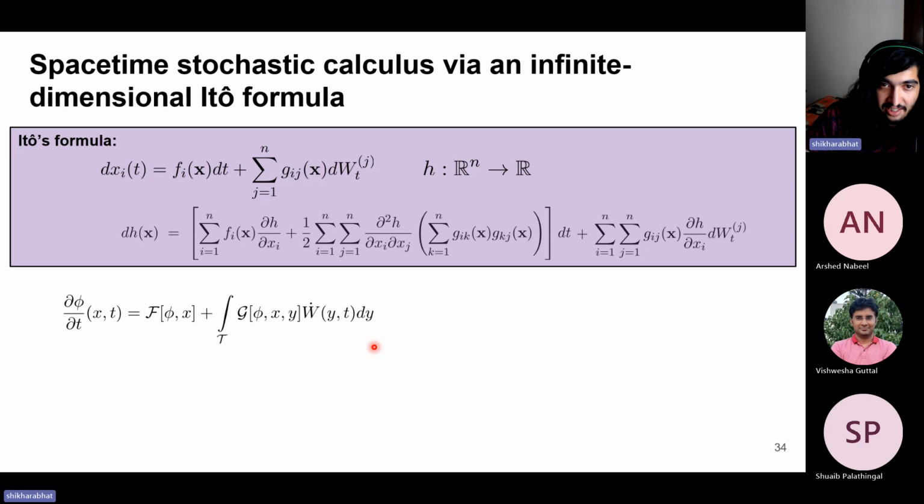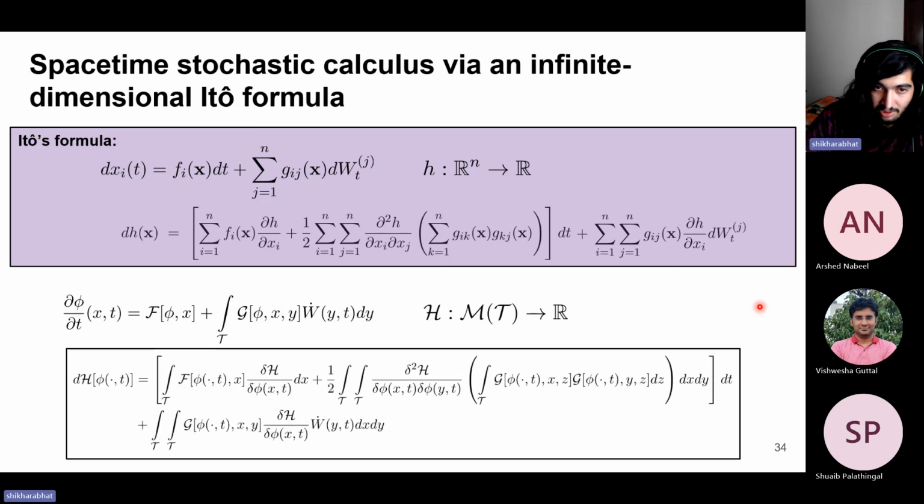This thing is now my space-time white noise, which is the continuous time analog of this. And if I had something like this, the question is what might you expect? And if I have a function h that takes in this function space and outputs a real number, so some operator, what might I expect to be able to say for dh?